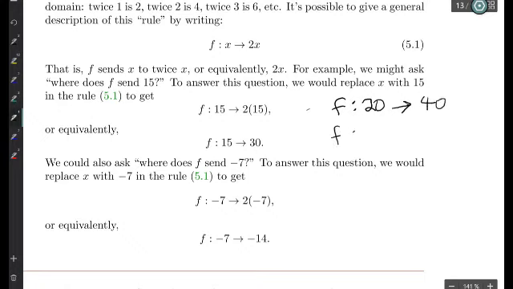What would f map 32 to? Well, it maps it to 2 times whatever you put into the function. And 2 times 32 is 64.